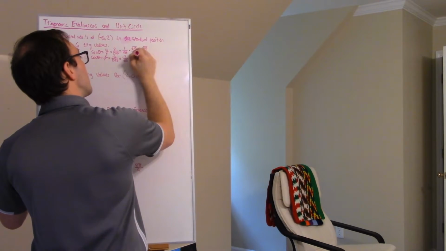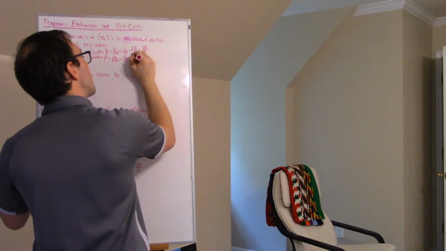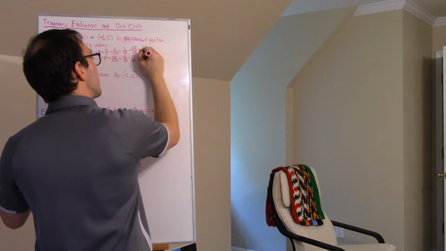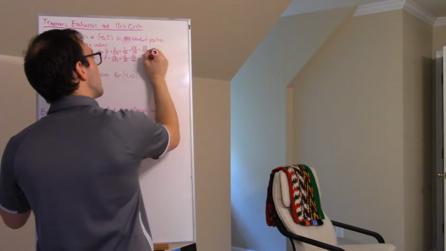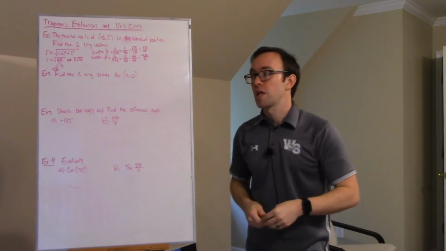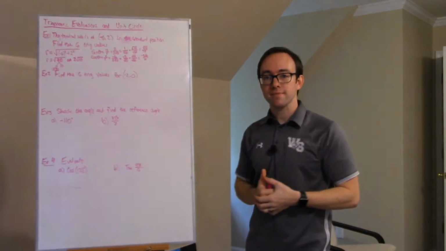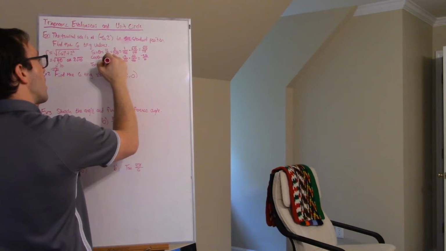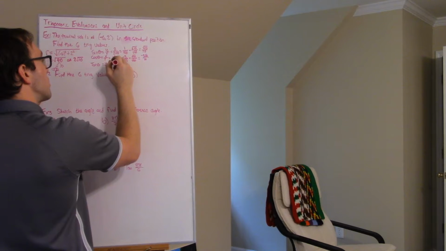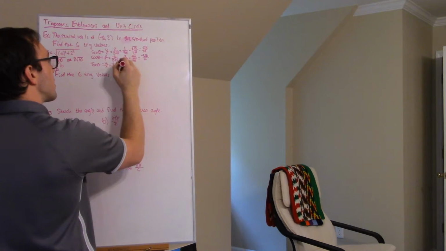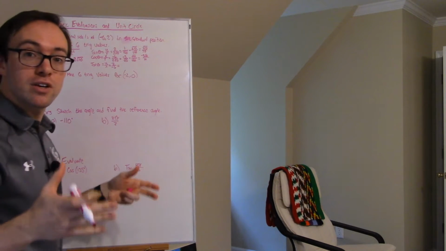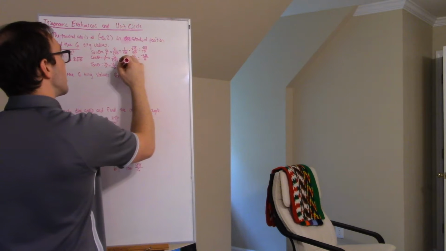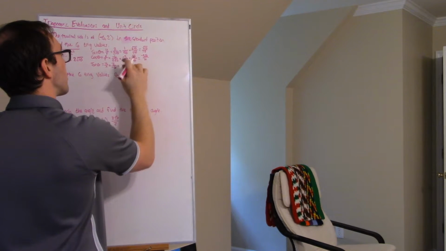Multiply by the square root of 10 on top and bottom, and we would get -3 square root of 10 over 10. And that is the cosine. Tangent is y over x, or 2 over -6, and 2 over -6 reduces to -1/3.